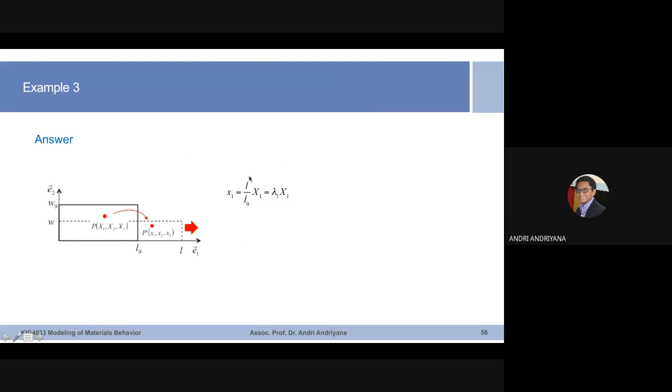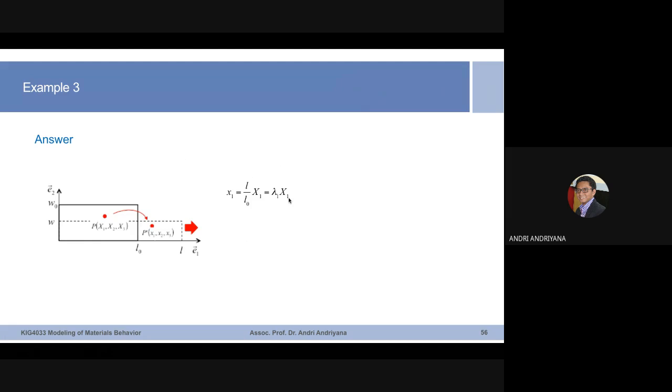Okay. Now, previously we noted that L over L0 is lambda 1. So here is direction 1. So it is lambda 1 times X1. So we can see here that small x1 is only a function of large X1. It does not depend on large X2, large X3 for this kind of deformation. Okay.